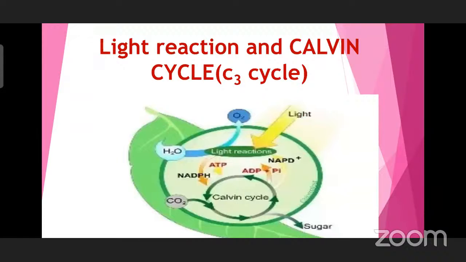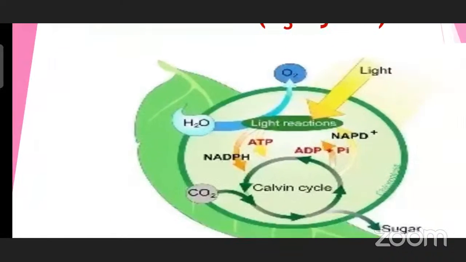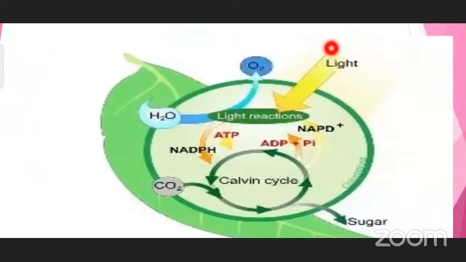So here in this photosynthesis, the light reaction and Calvin cycle, the C3 cycle, we'll have a quick review. As you can see, the light is getting harvested by the light harvesting complex, the chlorophyll A molecule trapping the solar energy, light energy, and splitting the water molecule, releasing oxygen.